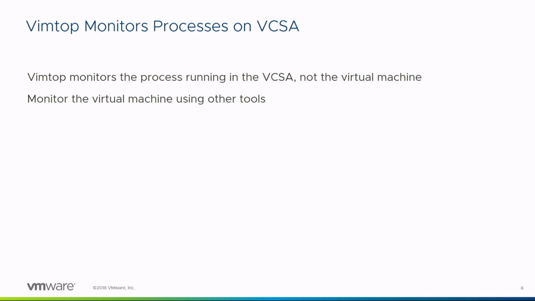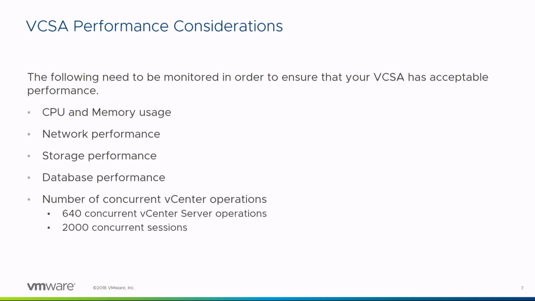So we have 2 different tool sets that we do those with. As it is a virtual machine, we need to consider what it needs: CPU, memory, networking, storage, pretty much everything you worry about with regular virtual machines. But we also have this very important database that we need to look at and make sure it's running well.